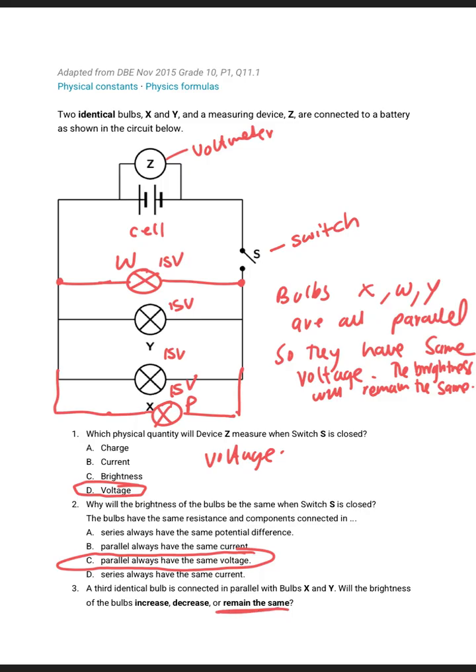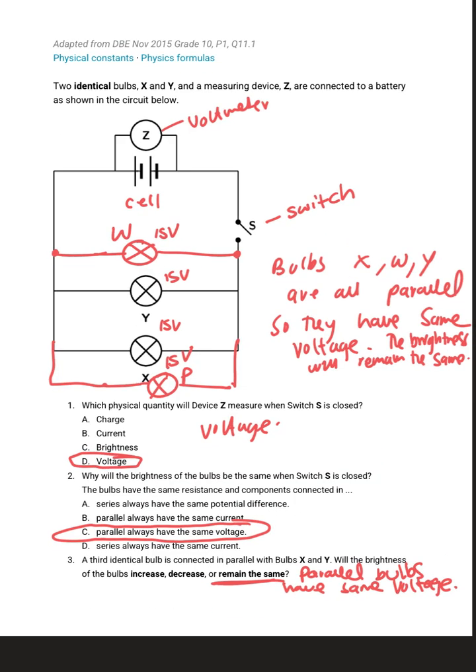The reason why it remains the same is that parallel bulbs have the same voltage. And since they are identical, they have the same power.